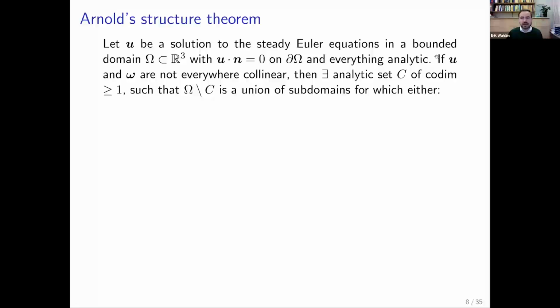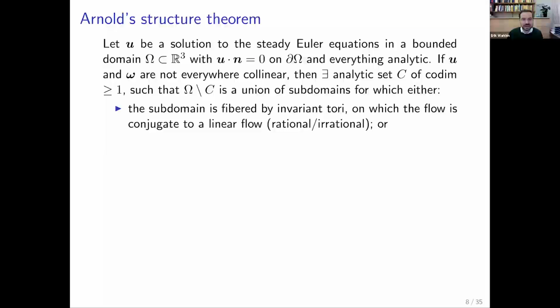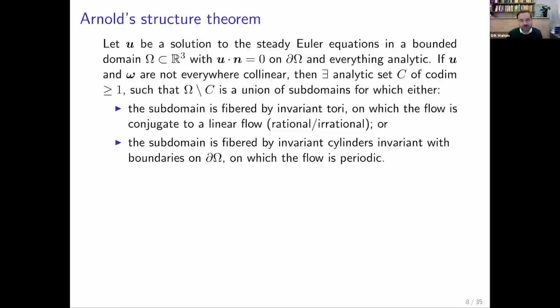The first case is if u and omega are not everywhere collinear. Then essentially Omega is divided into different subdomains. Each subdomain is either fibered by invariant tori, on which the flow is conjugate to a linear flow, either rational or irrational, or each subdomain is fibered by invariant cylinders, which have their boundaries on the boundary of Omega.